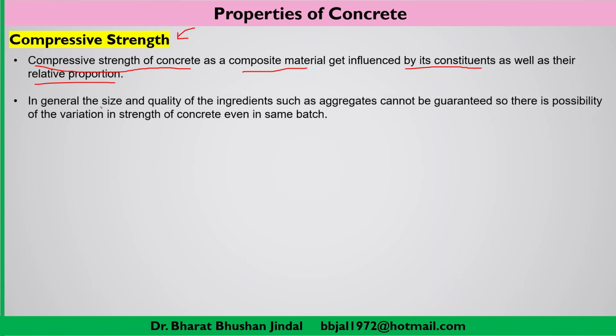In general, the size and quality of ingredients, meaning aggregate, cannot be guaranteed, so there is a possibility of variation in strength of concrete even in the same way. That means if you are preparing a batch of concrete using the same aggregates, even then you can't guarantee that the batch will have the same compressive strength, because your aggregates are not of the same size.